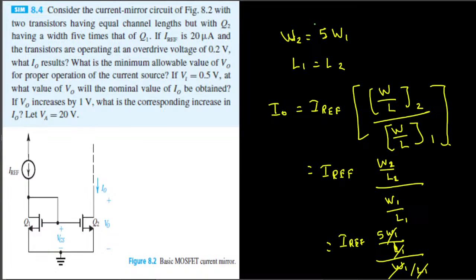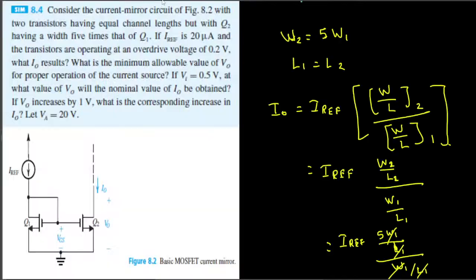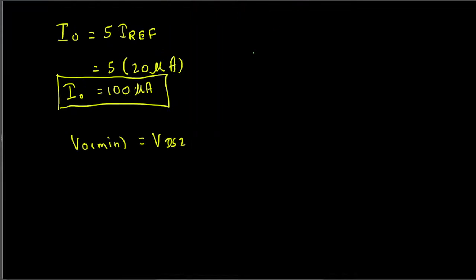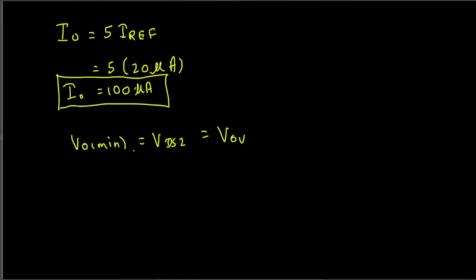V0 minimum is basically the drain source voltage of the second transistor, and that is minimum when it's equal to the overdrive voltage, and the overdrive voltage is provided in the question to be 0.2 volt. So V0 minimum is basically 0.2 volt.